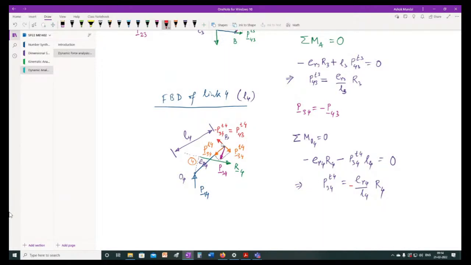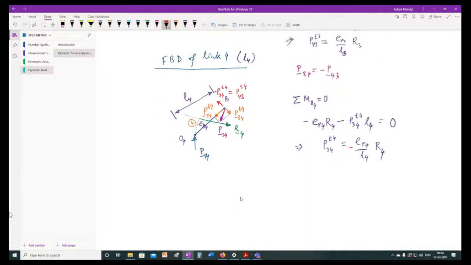Yes, sir. This is a force exerted by the fourth link on the third link, and this is a force exerted by the third link on the fourth link. They will be equal and opposite if you take the same direction, right?